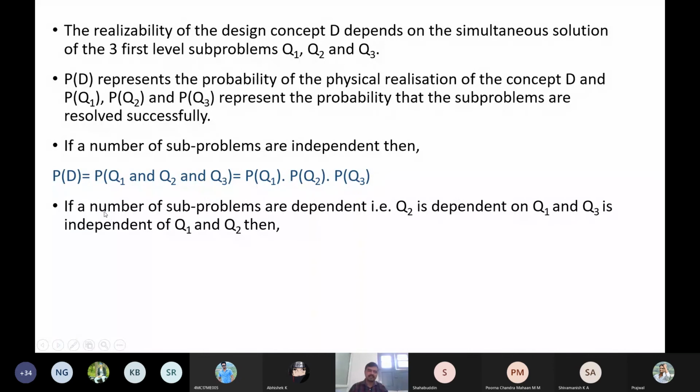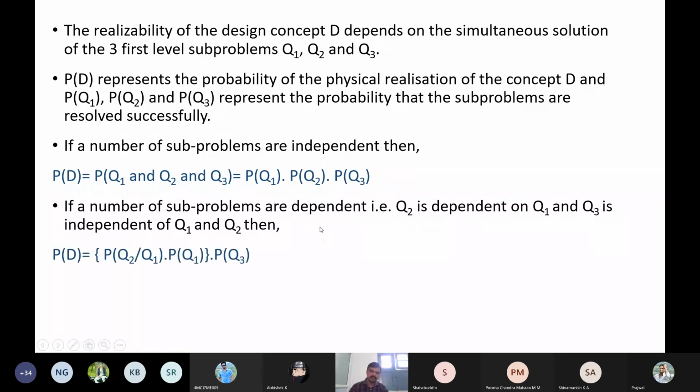For example, if a number of subproblems are dependent, that is Q2 is dependent on Q1 and Q3 is independent of Q1 and Q2. So this is independent one, whereas these two are dependent, and here Q2 is dependent on Q1.